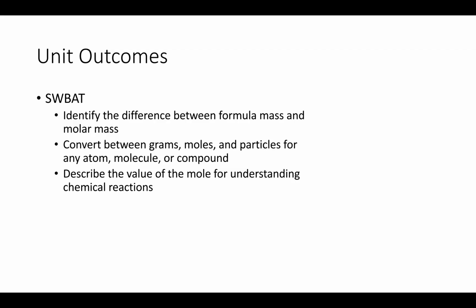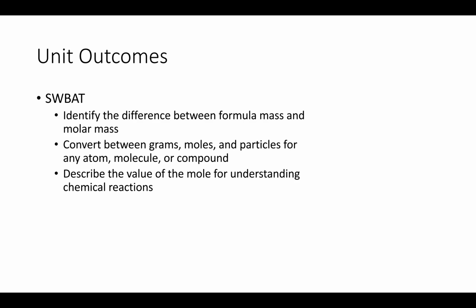Anyways, so the outcomes of our units. This is everyone's favorite term, SWABAT, which means students will be able to. So thus far, what you guys are going to be able to do is identify the difference between formula mass and molar mass, which we will learn more about today. You're going to be able to convert between moles, grams, and particles for any atom, molecule, or compound.